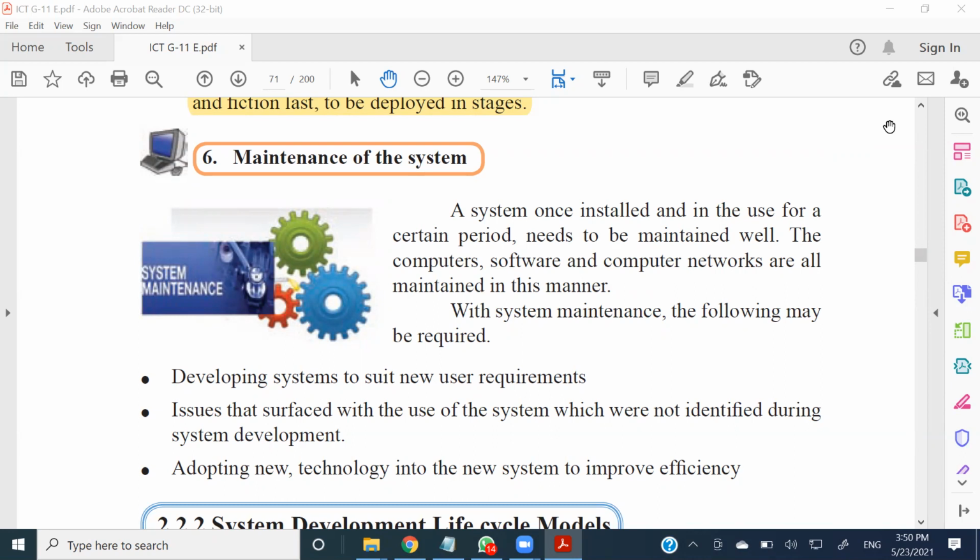And there can be some issues which the quality assurance teams would not have captured, but will occur in the future, or in the present, when the users are working with the system, right?